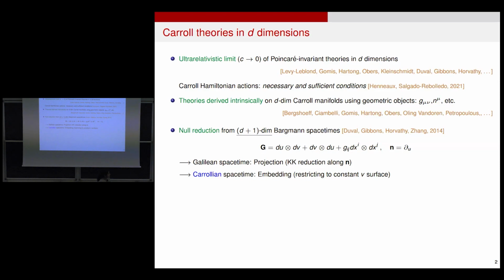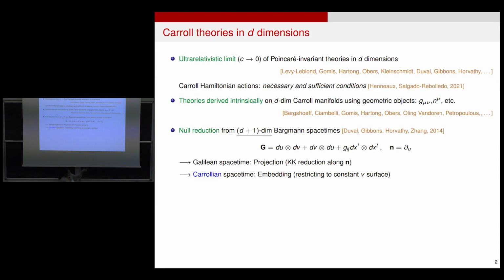And there's a third method where we start from one higher dimension in these special spacetimes called Bargmann spacetimes. We can do some null reduction to get both Galilean and Carrollian theories. So in the Poincare invariant case, if we took c goes to infinity limit, we get the non-relativistic Galilean field theories.